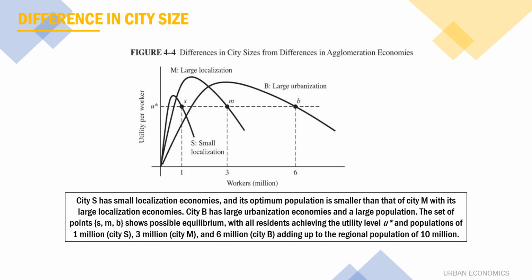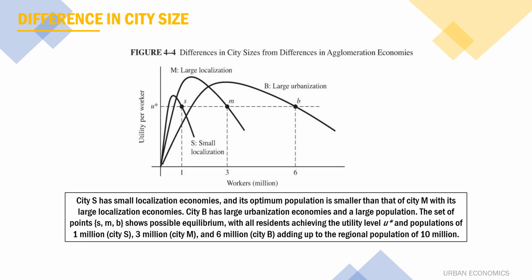The middle utility curve is for a specialized city with larger localization economy and leads to a larger optimum size. And the last one, the utility curve on the right, is for the city that experiences large urbanization economies that generate the large optimum size.